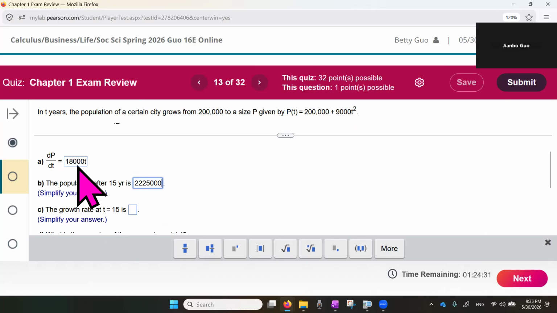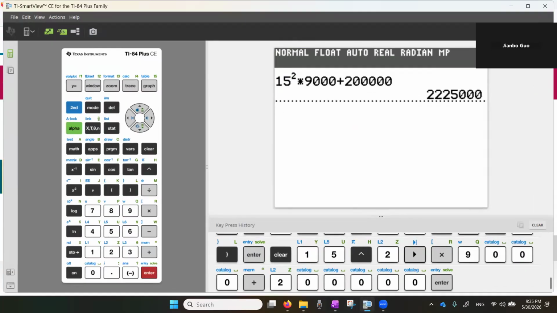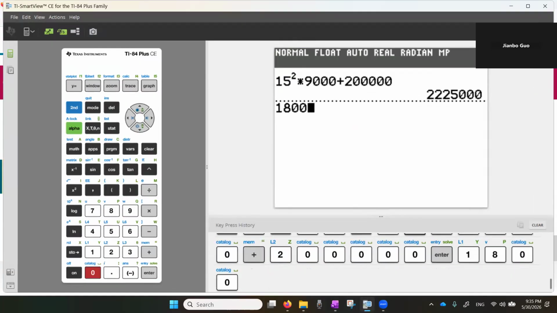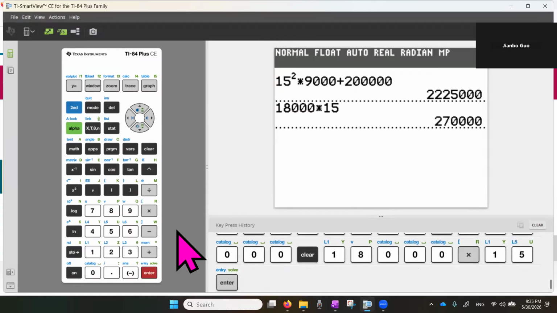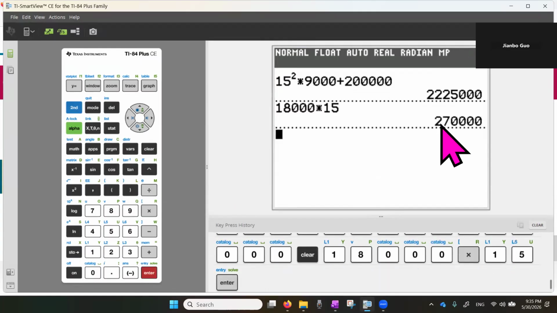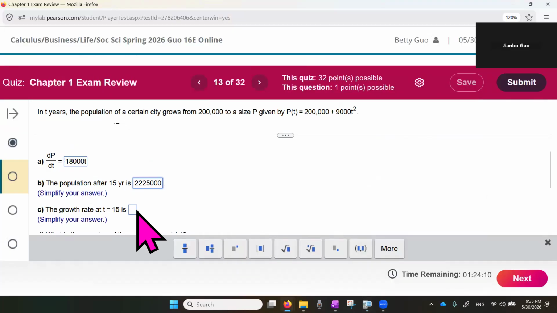So that's gonna be 18,000 times 15. 18,000 times 15 is 270,000. Okay.